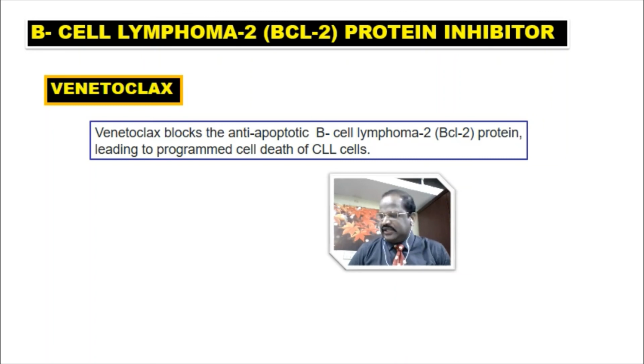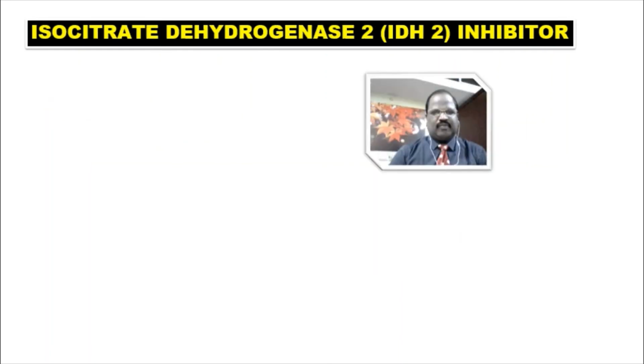So venetoclax is a newer drug useful for treatment of CLL. It's called BCL2 protein inhibitor.